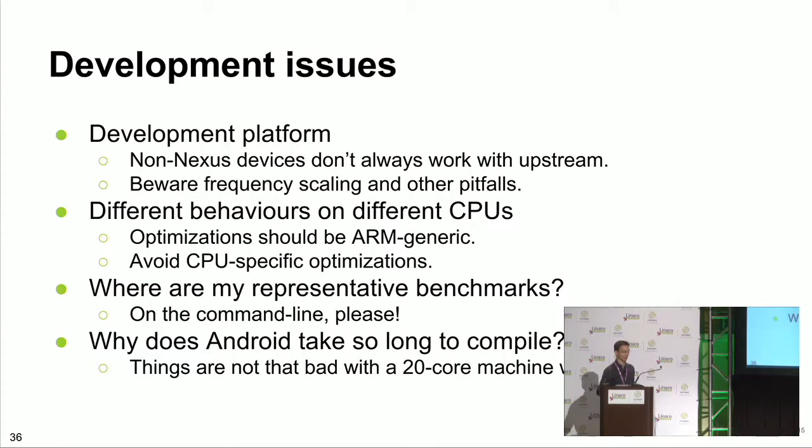Right now, the work is to port some existing benchmarks, and I think we can talk with Scott, who is over there in the room, if you have some questions. And finally, working with Android is not always great, but compilation is not too slow if you have a 20-core machine with hyper-threading.